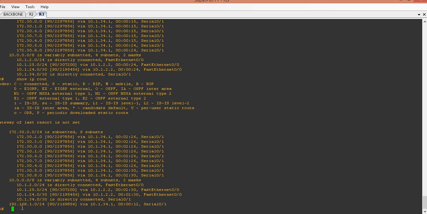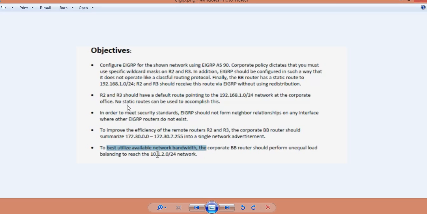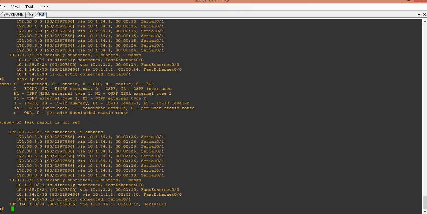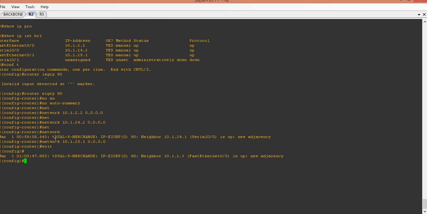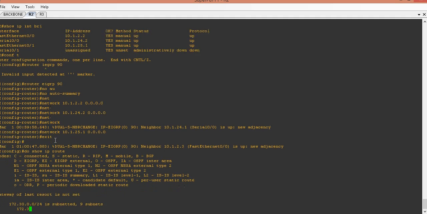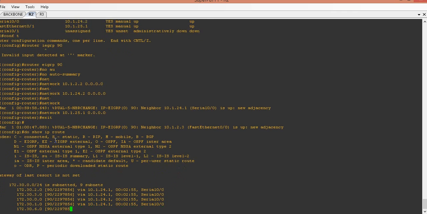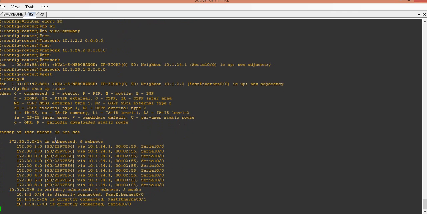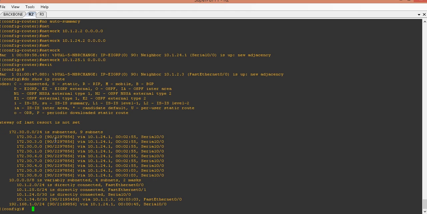The objective is done because we are actually seeing that static route in the routing table of router 2 and 3. So now what I have to do is go straight to implement the next question.